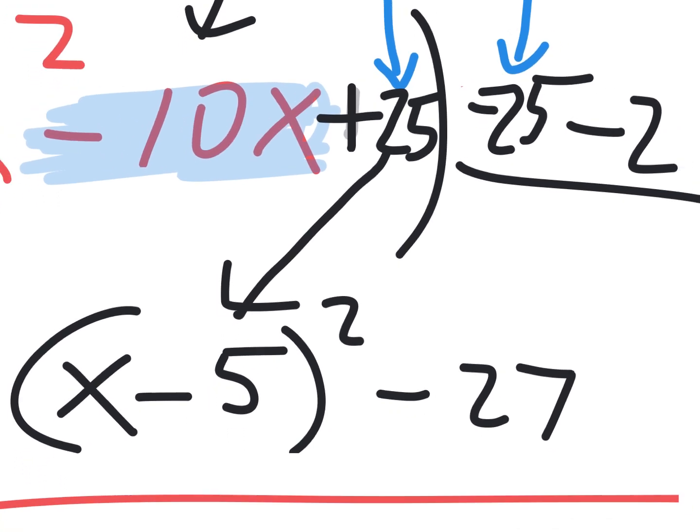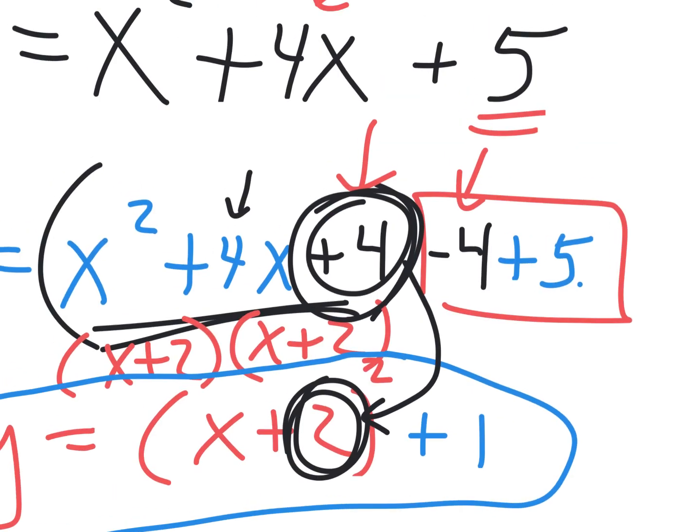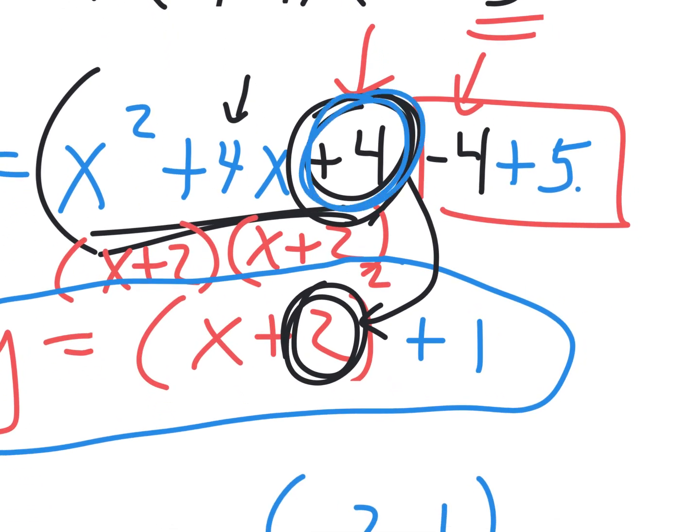When I went from 25 to 5, was I dividing by 2? No. I was taking the square root of it, wasn't I? Yeah, but then you were squaring it. You're dividing by 2 and then squaring it. When this is a 4, I see why you might have thought it was divided by 2, but the square root of 4 was 2.